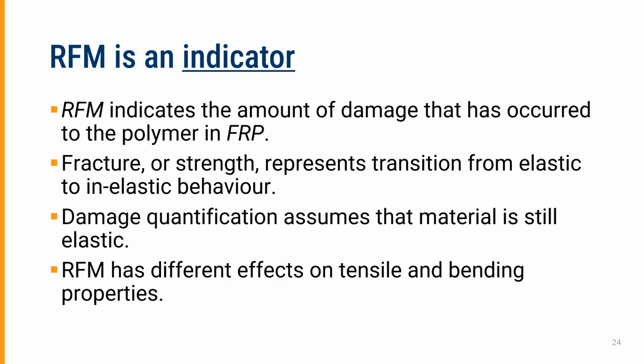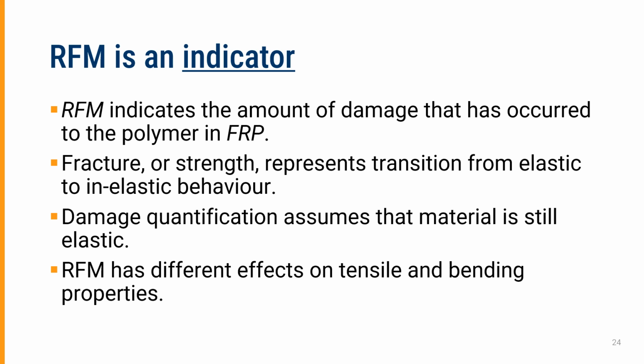The other thing that's really important to understand is that even though we use flexural modulus to determine the extent of damage that has occurred to FRP, the RFM value is an indicator. It is not a property. It indicates the amount of damage that has occurred to the polymer in the FRP.